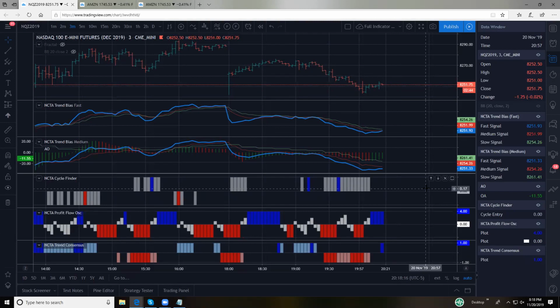You will still experience periods of choppiness, but I think what you're going to find, Mario, compared to where you've been before, is that this set of rules keeps you out of most of that choppiness. And when you are in that choppiness, you'll get a pretty quick reversal on the AO to take you out of the trade for a small loss, maybe a small gain, and then just wait for your next entry.